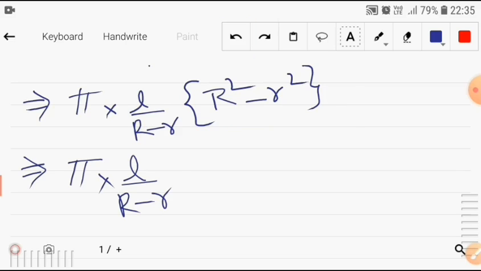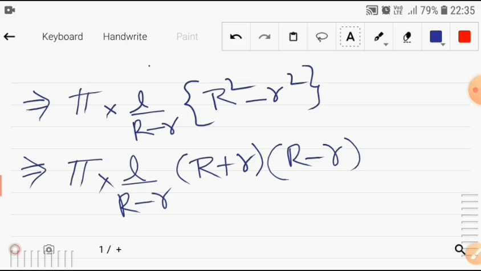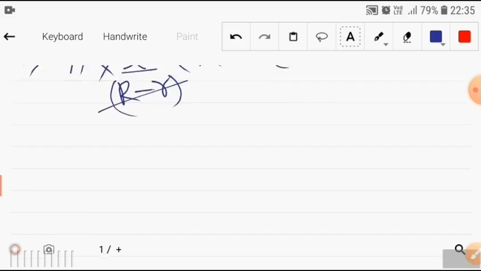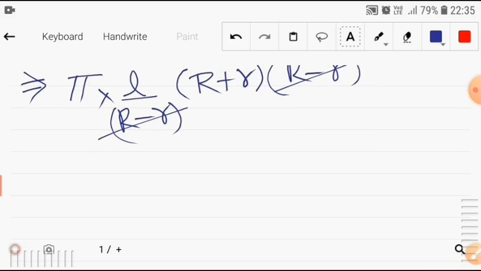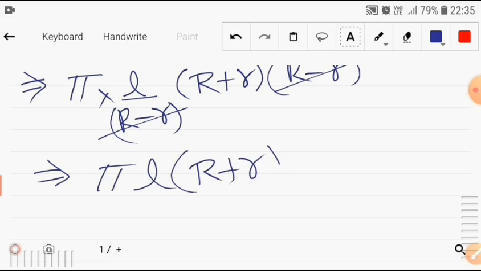Okay, so we will get a plus b multiplied by a minus b. So this will get cancelled out, this entire thing will get cancelled out, and I will write the rest of the remaining things: pi multiplied by l multiplied by R plus r. This is the formula for the curved surface area of the frustum. Okay, and this is the end.